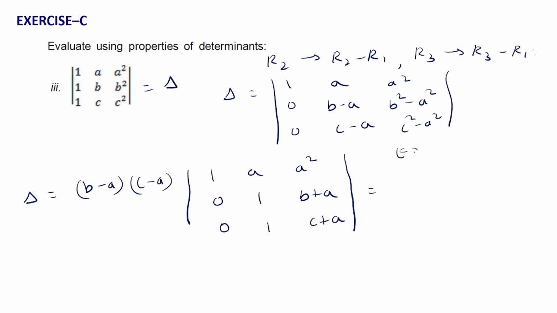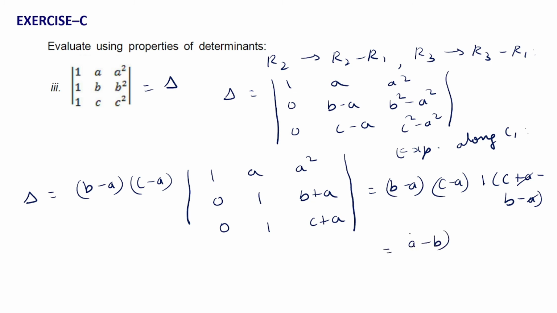So expanding along C1, it is 1 into, already there is (b minus a) into (c minus a) outside. So it is 1 into (c plus a minus b minus a). So these two will go. So this is equal to (a minus b) into (b minus c) into (c minus a). So the value of this determinant is (a minus b) into (b minus c) into (c minus a).